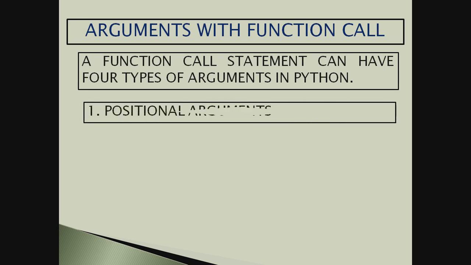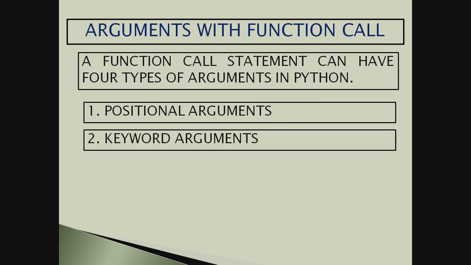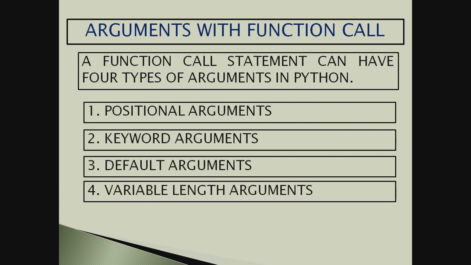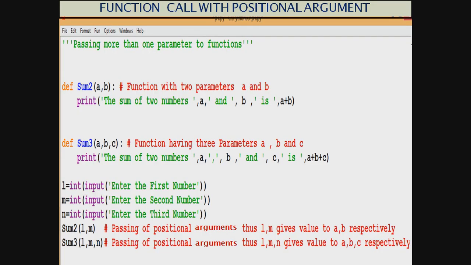First of all, there is something called positional argument, then keyword arguments, then default arguments, and at last we have variable length arguments. All these things have been dealt with earlier, but we are revisiting them. So first of all, we'll see the positional argument, then proceed further. For understanding positional argument, let us take the same example which we used earlier.